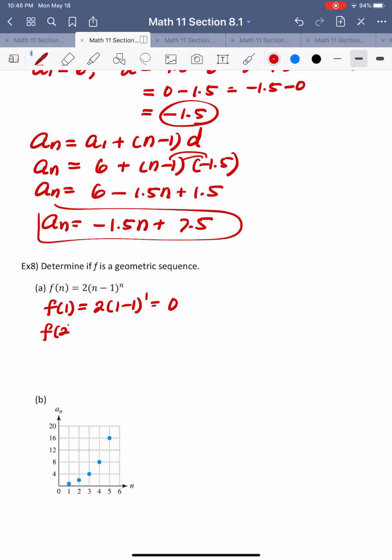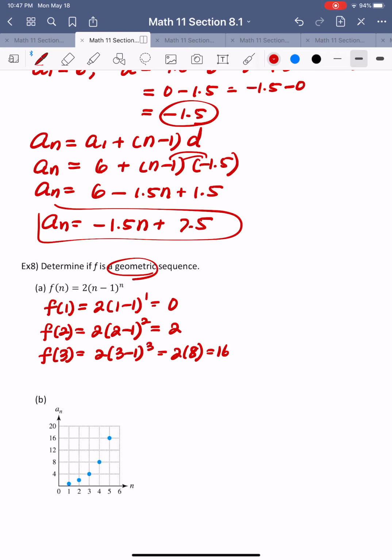And then f of 2 is 2 times 2 minus 1 to the second power, which is 2. And then f of 3 is 2 times 8, which is 16, okay? So a geometric sequence is something multiplied, but the problem is the 0. Any number you multiply by 0, you won't get 2 at all, okay? So it's not geometric.